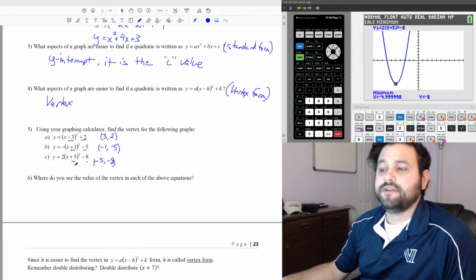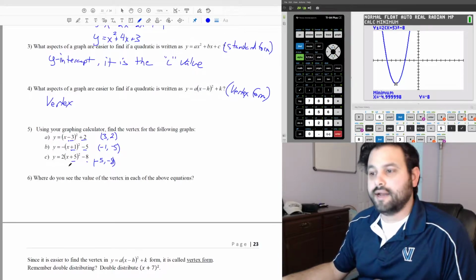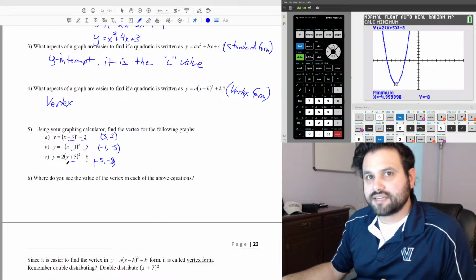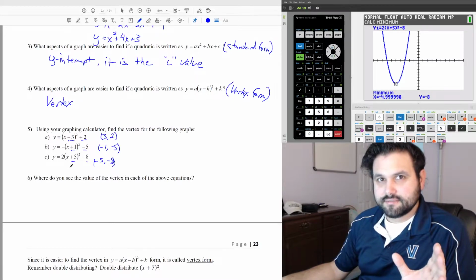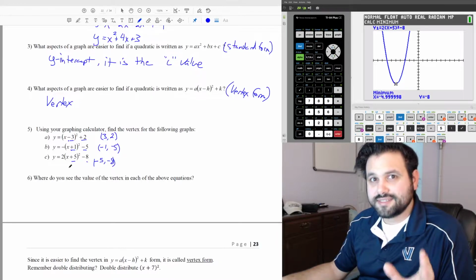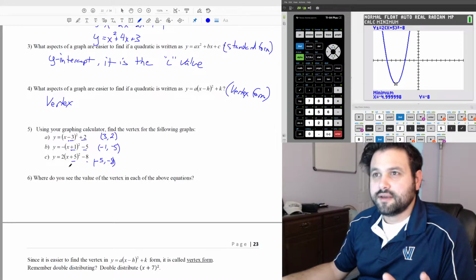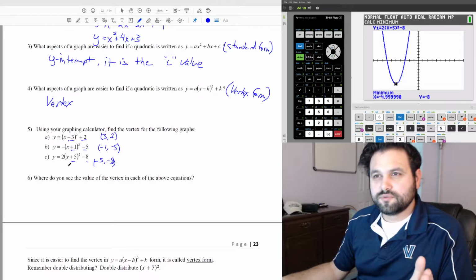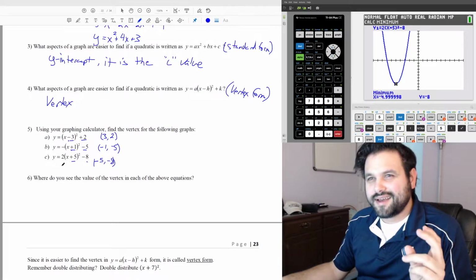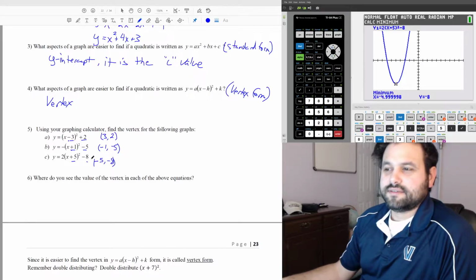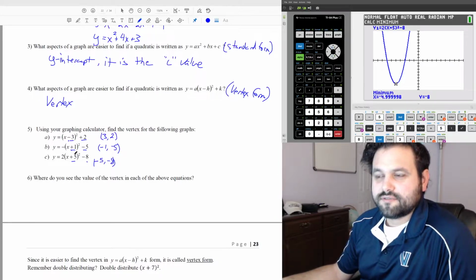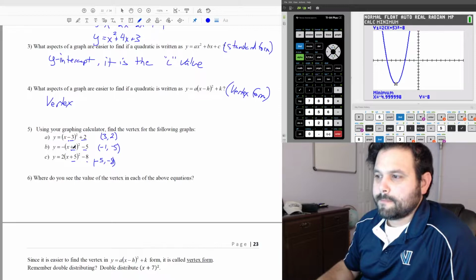So the x value has a different sign on it. And if we think back to transformations, whenever we added or subtracted things inside the parentheses, remember we used to say you have to think opposite. So with this vertex, the number inside the parentheses, think opposite sign, okay?